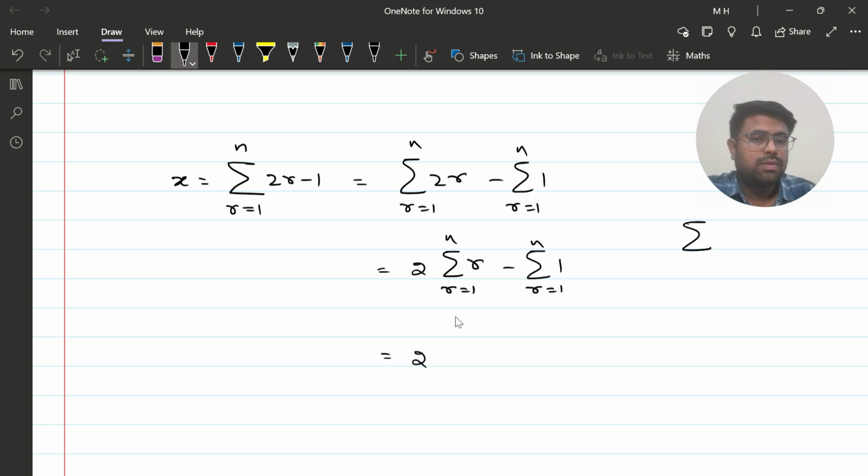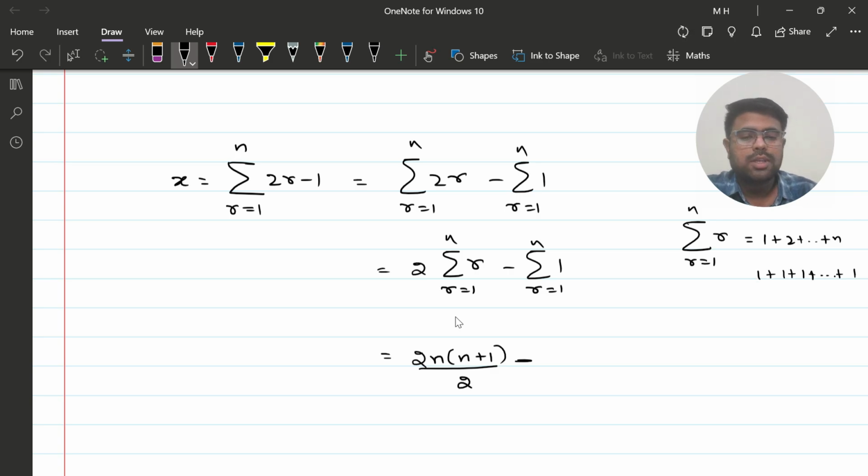It is 1 plus 2 plus 3 so on up to n. So it is the sum of the first n natural numbers, which is n into n plus 1 divided by 2, minus, what is the summation of 1? It is 1 plus 1 plus 1 so on up to how many times? n times. So it is going to be n, right?